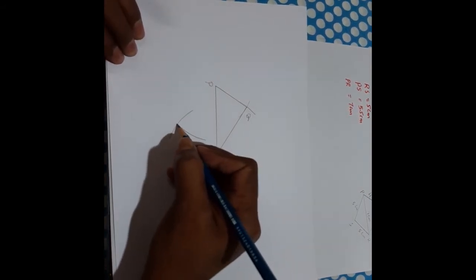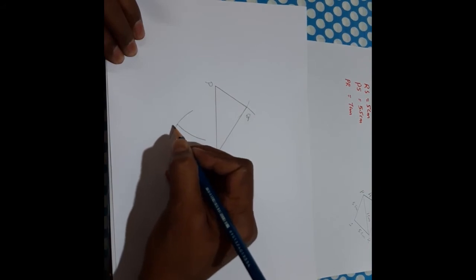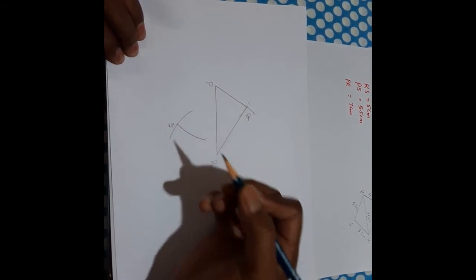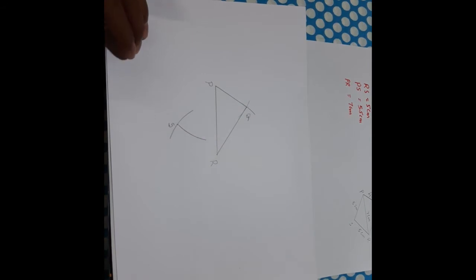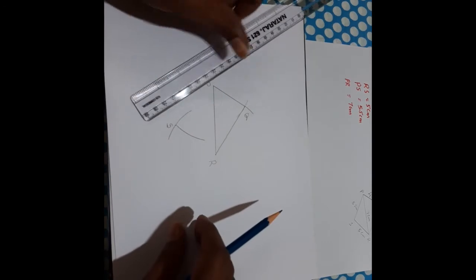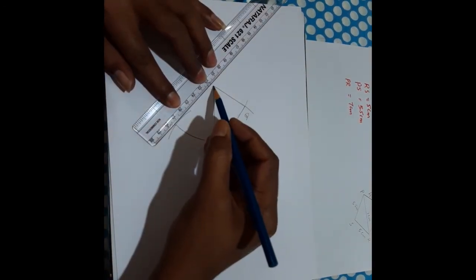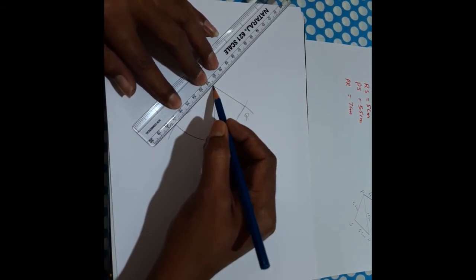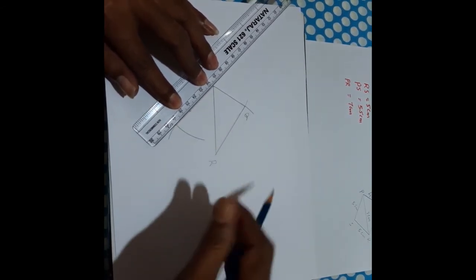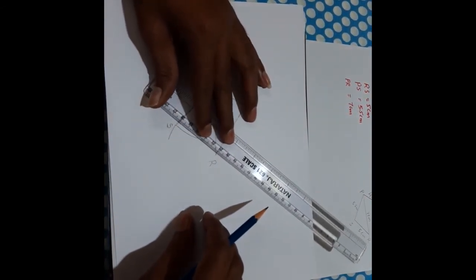This is S. Now join PS as well as SR. By using the scale, you just join PS as well as SR.